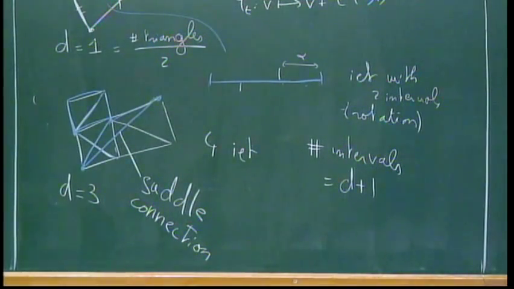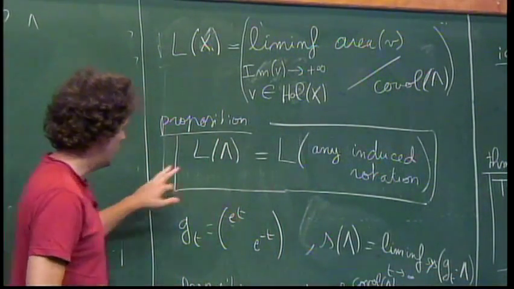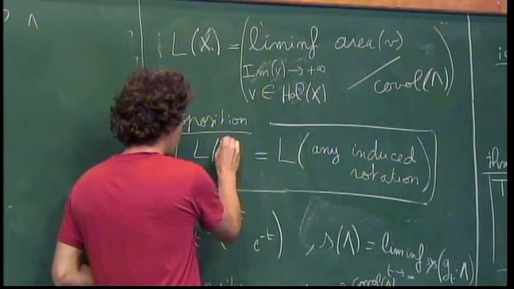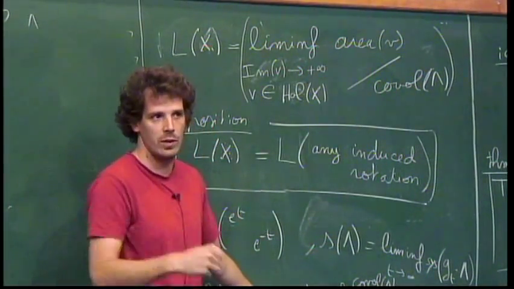And the definition I put here also makes sense for translation surfaces. Instead of looking at v in lambda prime, you can just consider holonomy vectors and consider the same definition. The same proposition is true when you consider a translation surface, and you can also make the definition with the geodesic flow.